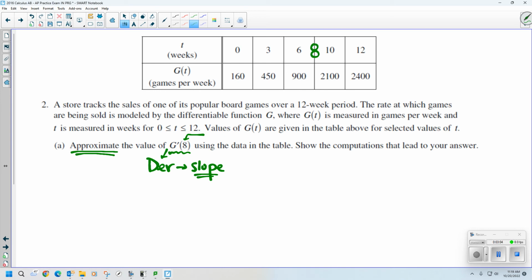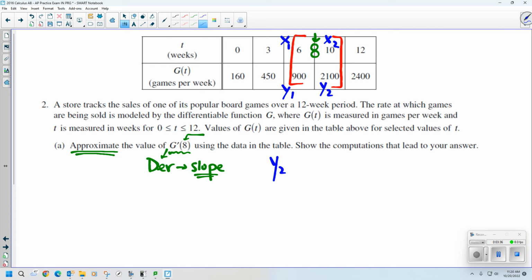So if I want to find the slope at this point, I am just going to take the 2 closest points to it and simply do a change in y over change in x, like an average rate of change. I'm going to get the closest average that I can to 8 by taking the closest 2 points I have to 8. We'll call this x1, y1, and this x2, y2.